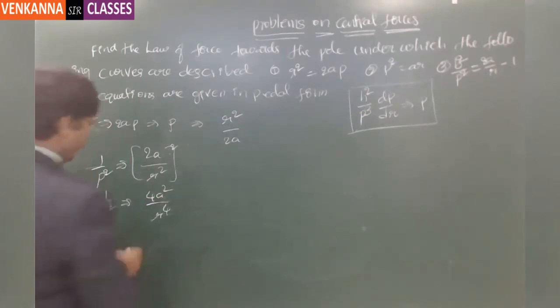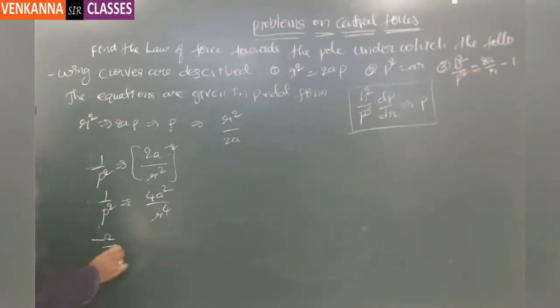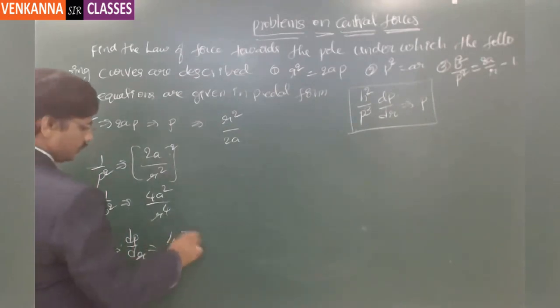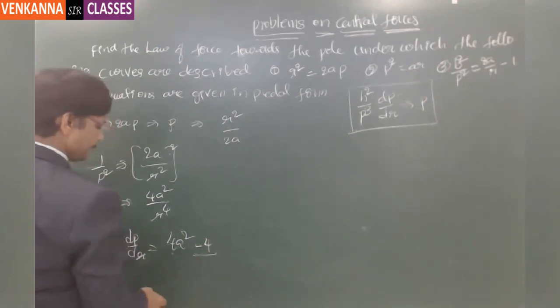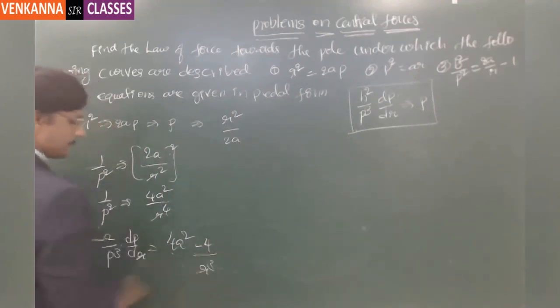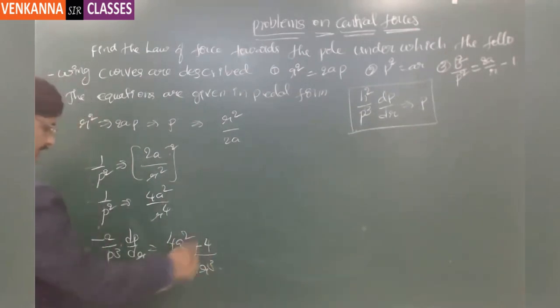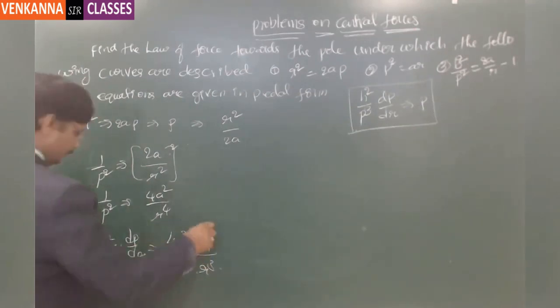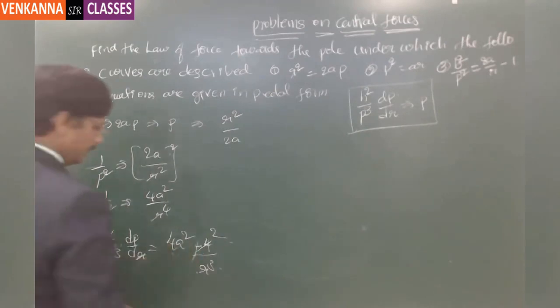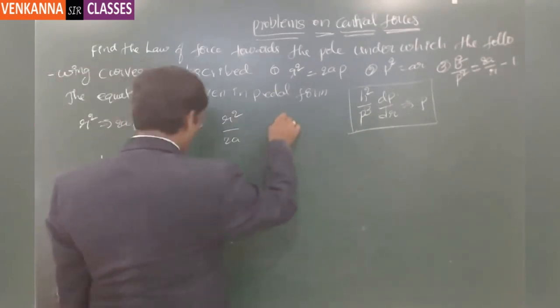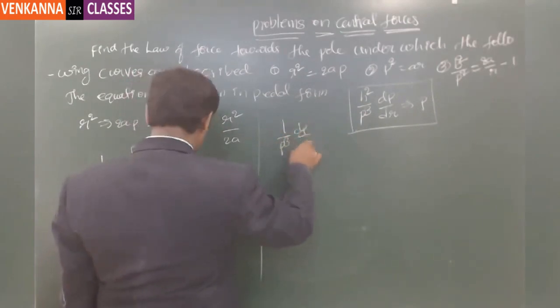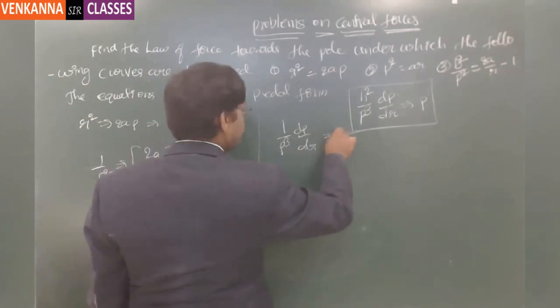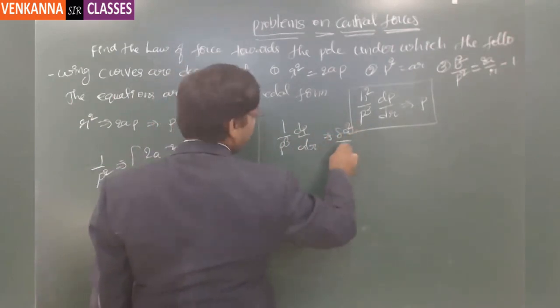Now if you take the derivative on either side, minus 2 by p cube into dp by dr is equal to 4a square into minus 4 by r cube. So this is minus 16. Minus minus will cancel, and this goes 2 times, and then 8a square by r cube. So 1 by p cube dp by dr equal to 8a square divided by r cube.